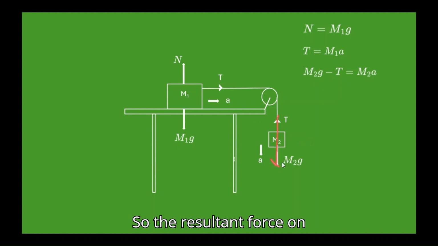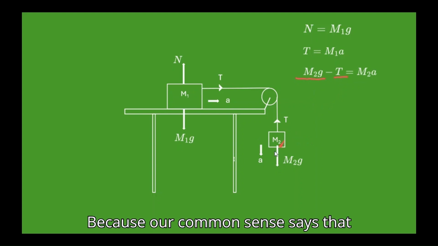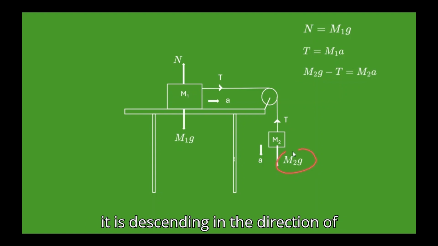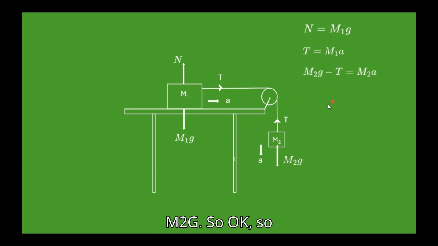So the resultant force on the vertical axis will be m2g minus T. Common sense says that m2g must be greater than T, because it is descending in the direction of m2g. So the resultant force m2g minus T must equal mass times acceleration, that is, m2a.